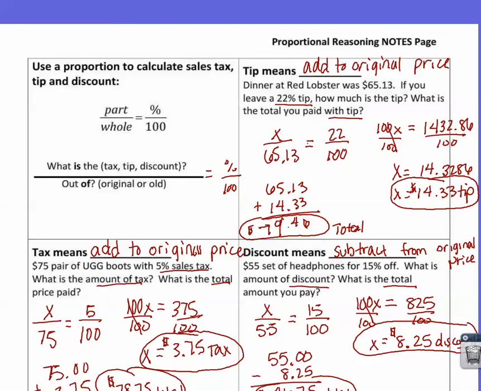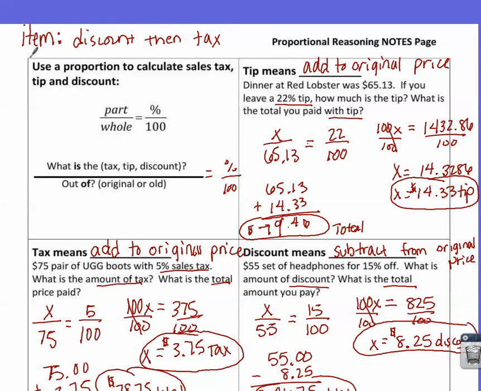Also, if you have to find multiple things within one problem, for example, if you're purchasing an item, make sure you always find the discount, then the tax.